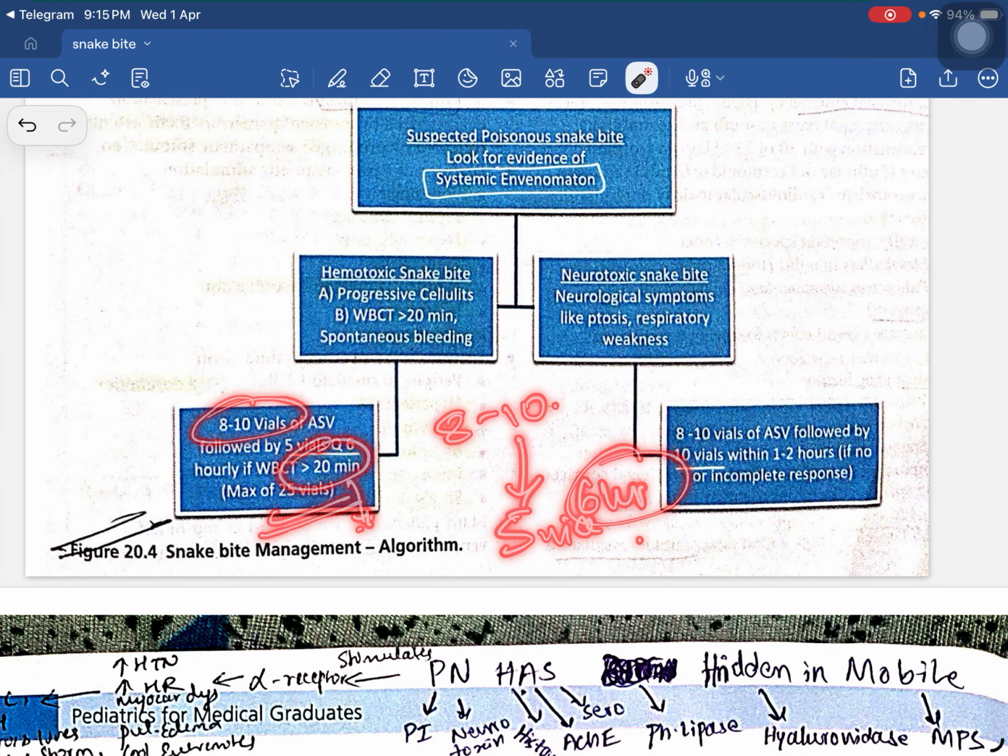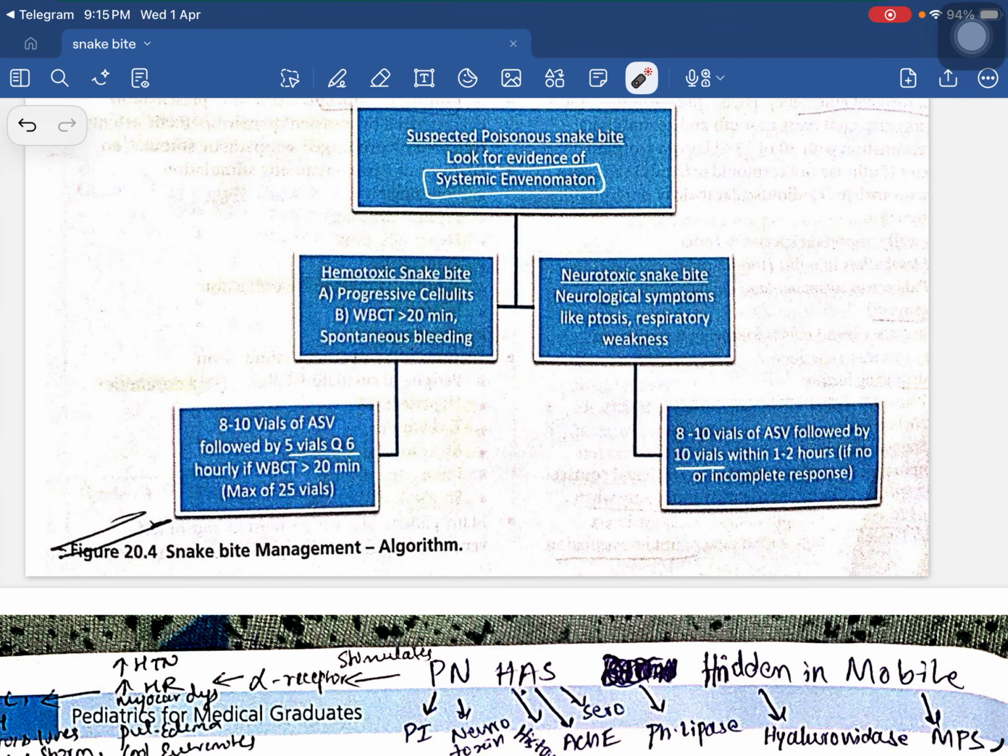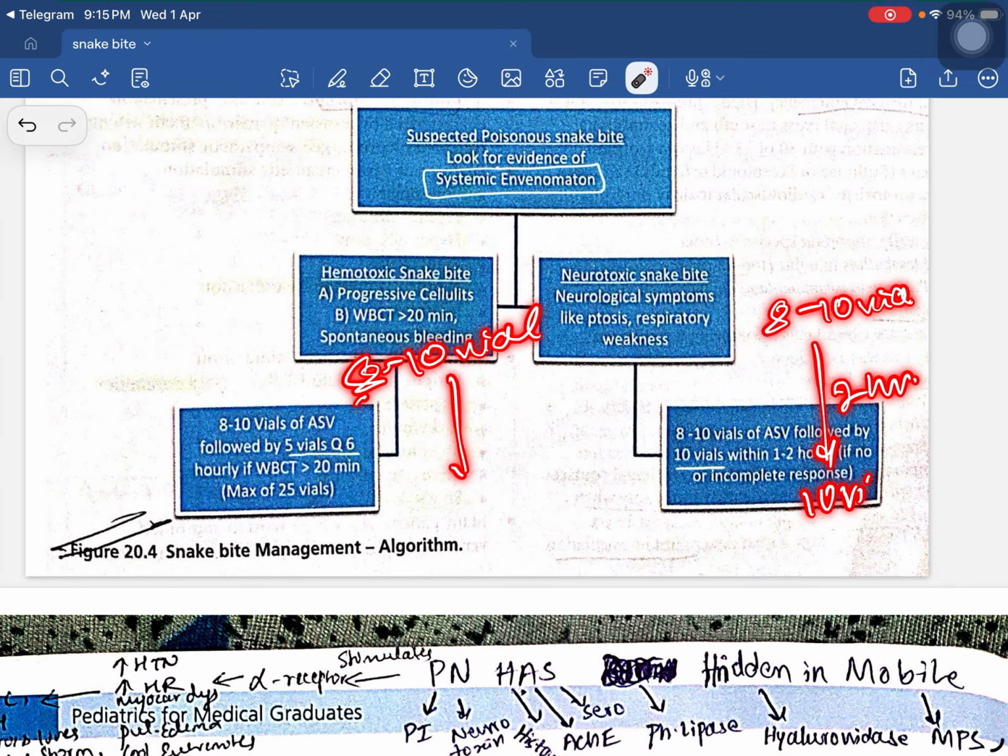Maximum you will give 25 vials. So in the neurotoxic you have given 8 to 10 vials first, there is no resolution, then again you give 10 vials in 2 hours. But in a hemotoxic, you have given 8 to 10 vials, then within 6 hours you will give 5 vials, maximum of 25 vials.